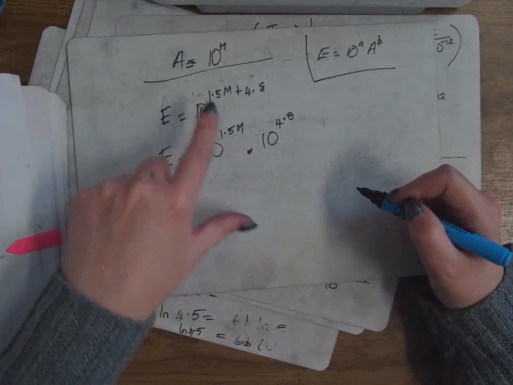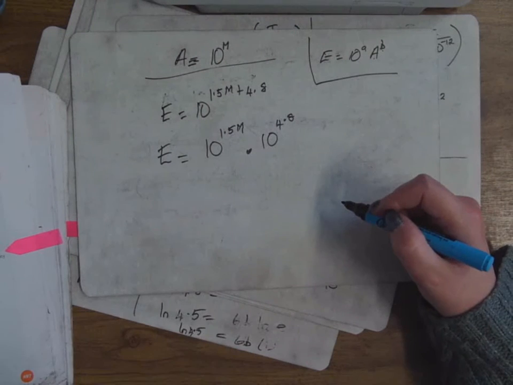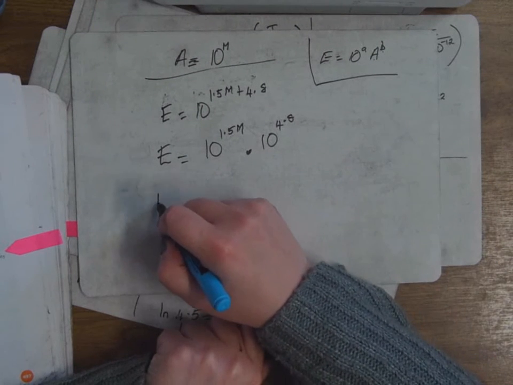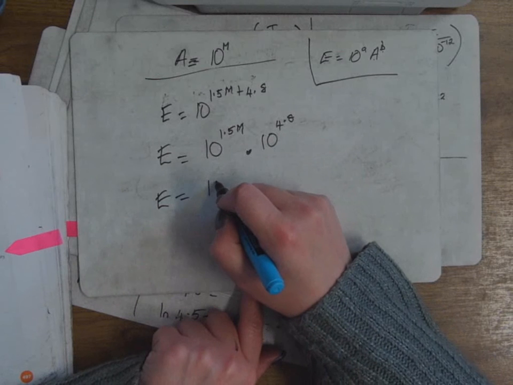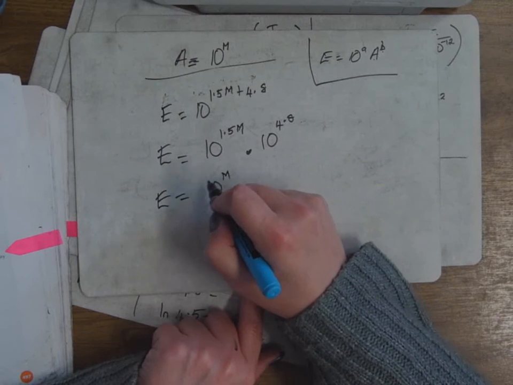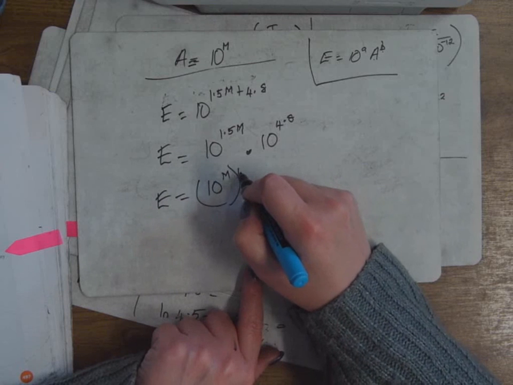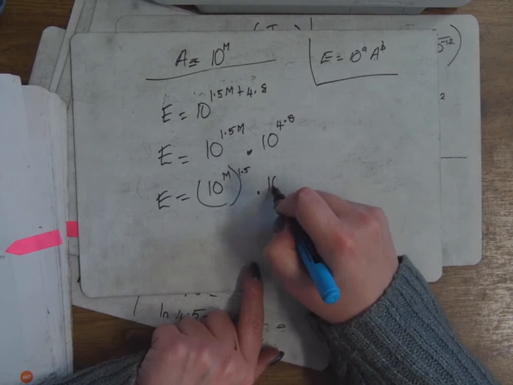Right, okay. Now look, I know if I have 10 to the power of m, I can write a capital A instead of it. So E is equal to, instead of writing 10 to the power of 1.5m, I'm going to write 10 to the power of m all to the power of 1.5. Would you agree? Multiply by 10 to the power of 4.8.